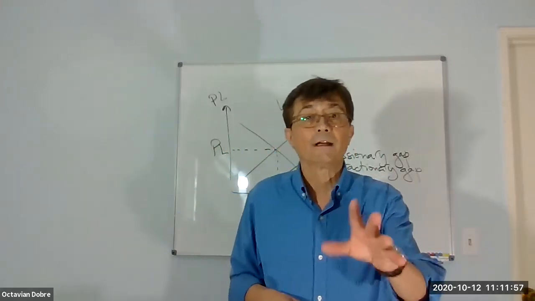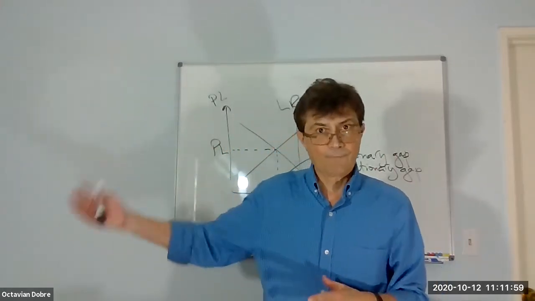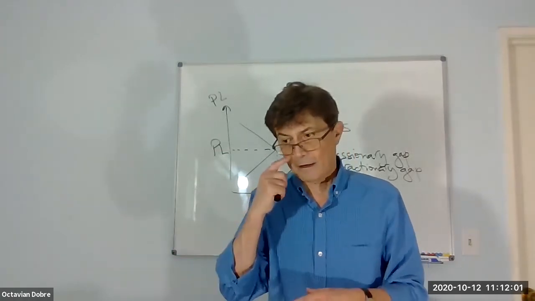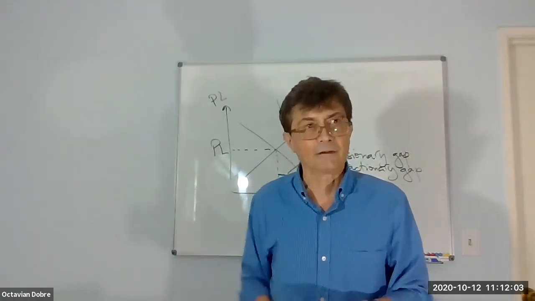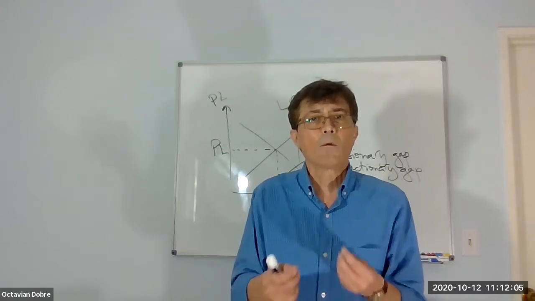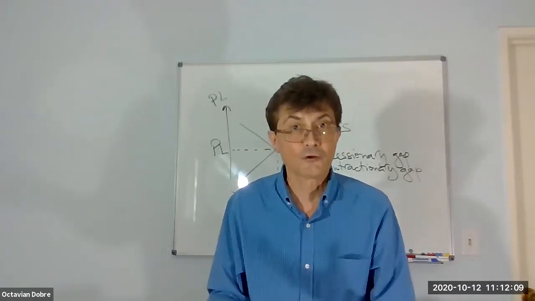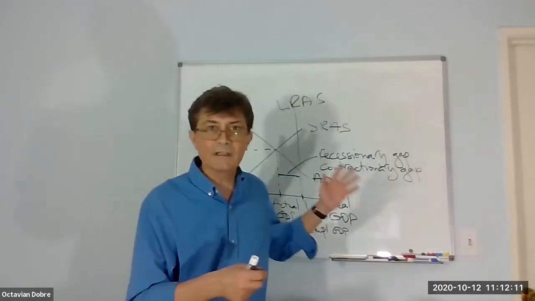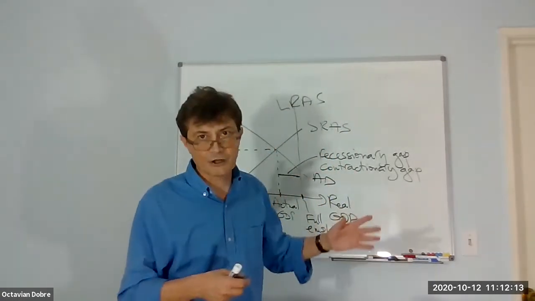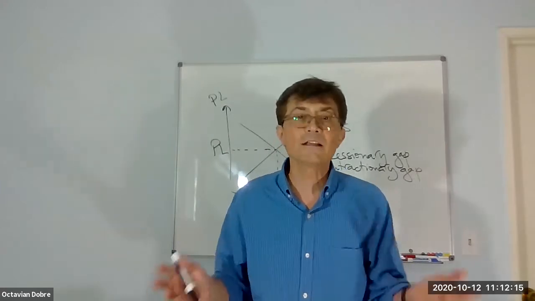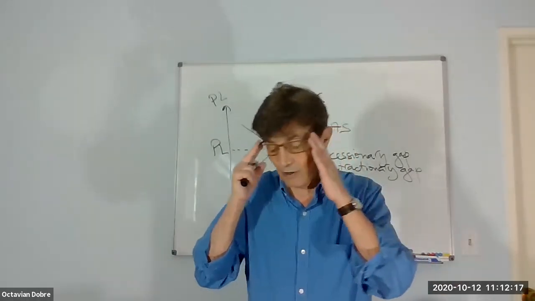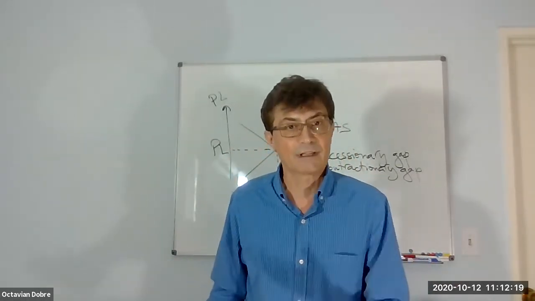What we're going to talk about until test 2 is what the government can do, or should do, to move this economy from a recessionary gap to where there is no recessionary gap. In other words, we have to get rid of this recession.